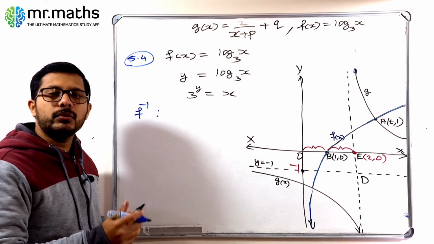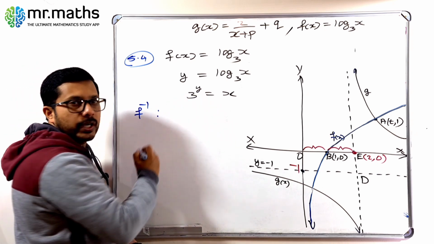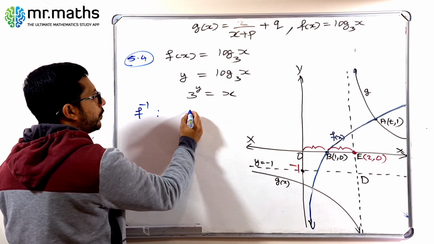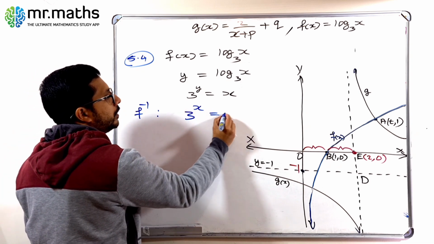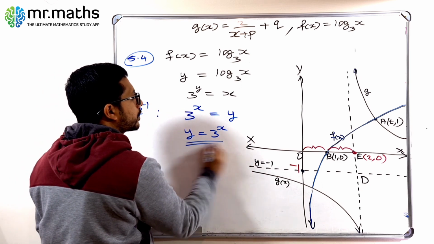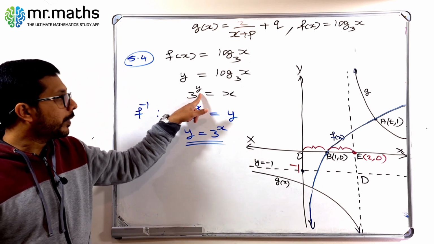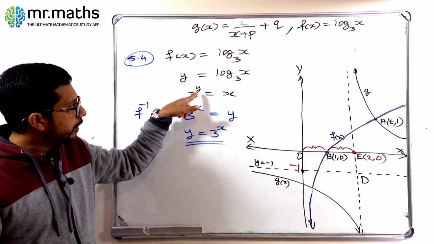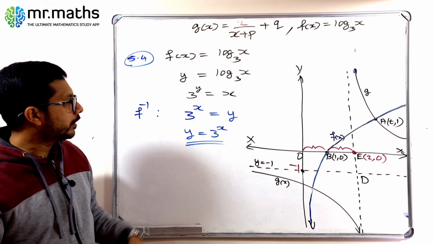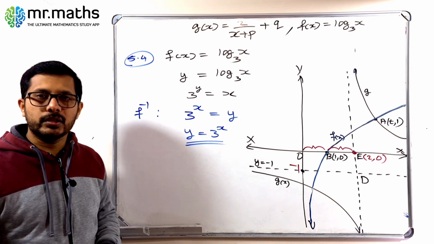It's very easy, you just swap x and y. Instead of this y you have to write x, instead of this x you have to write y. So what is that one? 3 raised to x is equal to y, or y is equal to 3 raised to x. That's all. To find f inverse you swap x and y, so y as x and x as y. So what is the equation? 3 raised to x is equal to y, or y is equal to 3 raised to x.